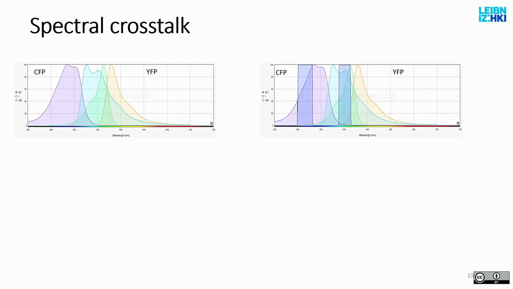I just have an example for 2, but you very nicely got the figures for 3, but this is easier to explain. So basically, with CFP and YFP, for example, to excite them separately is not particularly difficult, because the excitation spectrum of CFP, although it does overlap with that of YFP, I can put a filter here for the excitation that avoids this overlapping area.